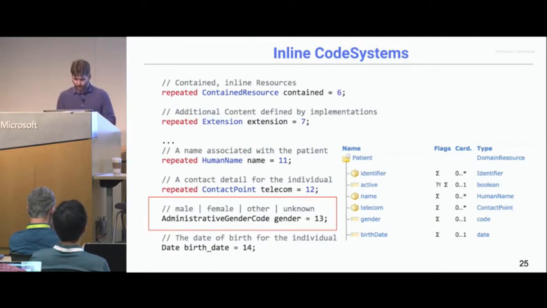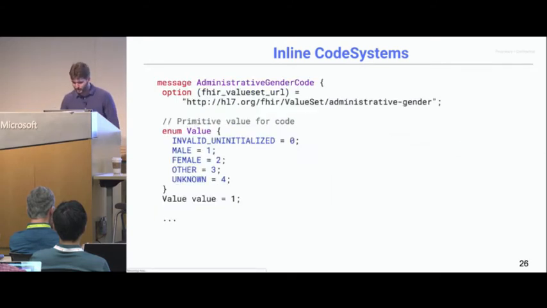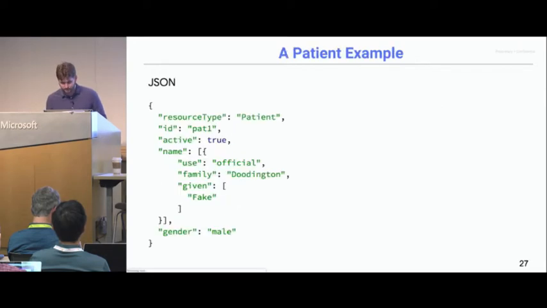And so the way we handle that is we take that field, and instead of inlining it as a string or just an arbitrary code, we inline it as an enum for administrative gender code, which we can also go ahead and read the value sets, the code systems, and we can generate a well-typed enum. This means it is literally impossible to input bad codes into your spec. And this is just an easy way to reduce a lot of errors.